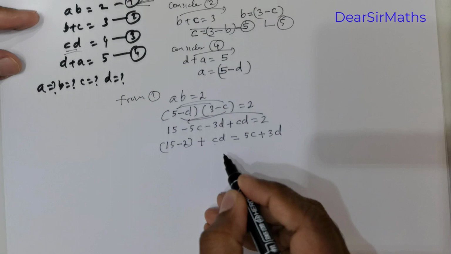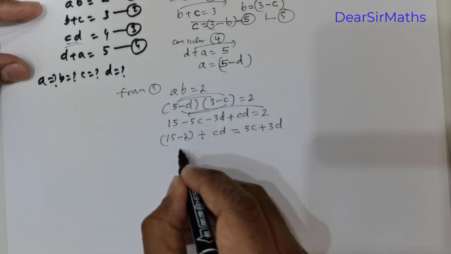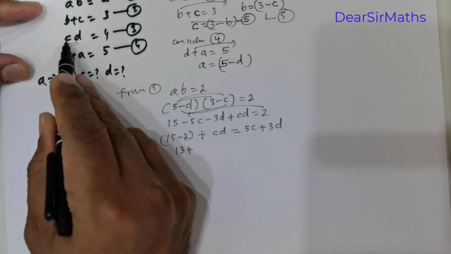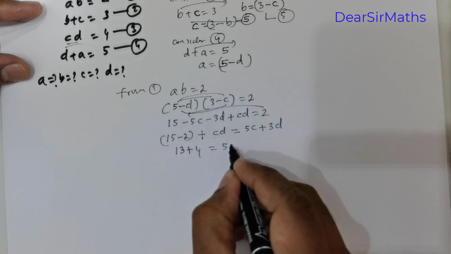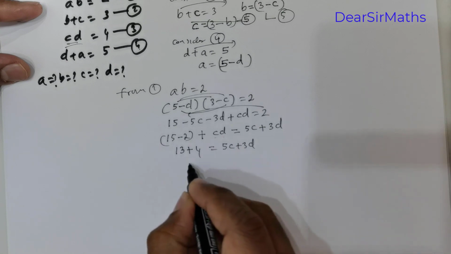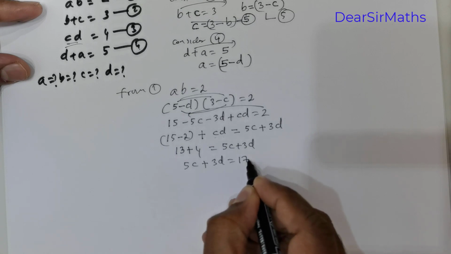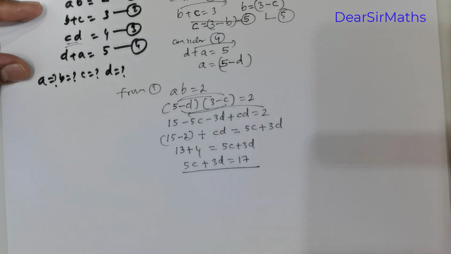CD is equal to 4. So 15 - 2 would give me 13, followed by CD which is equal to 4, and then you get 5C + 3D. So I can rewrite this as 5C + 3D = 17. So this is what we have got.